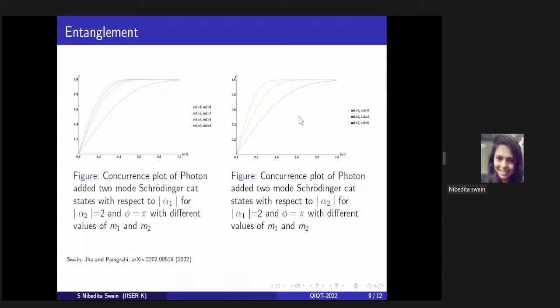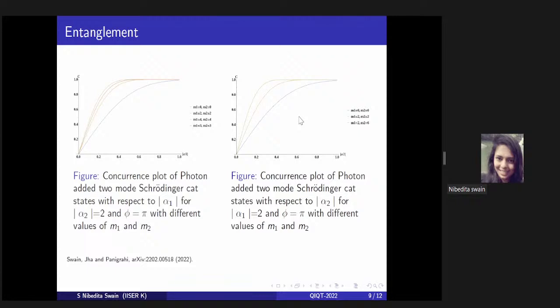Then we come to the entanglement. We have calculated the entanglement by using concurrence for the introduced state, and we observe that the introduced state is entangled, and when we increase the number of photons, the state becomes more entangled.